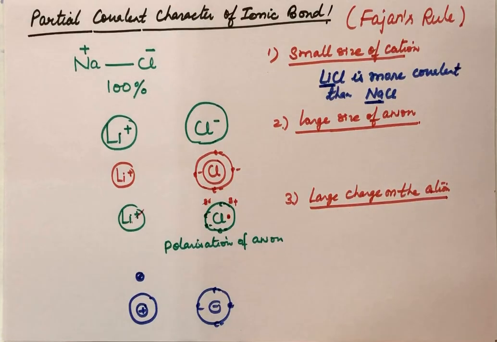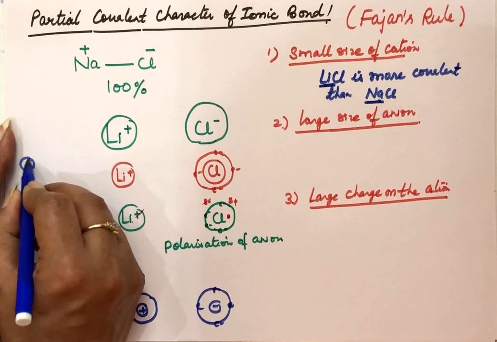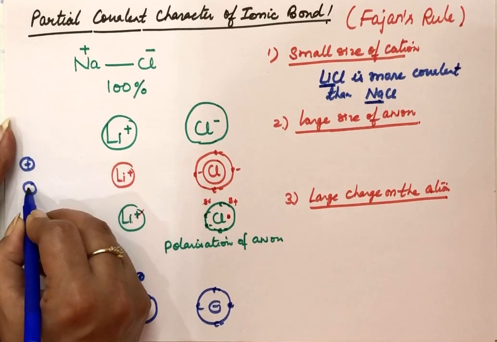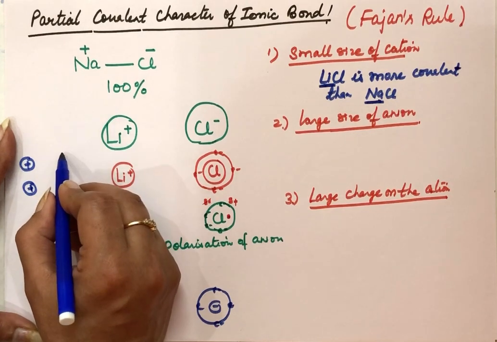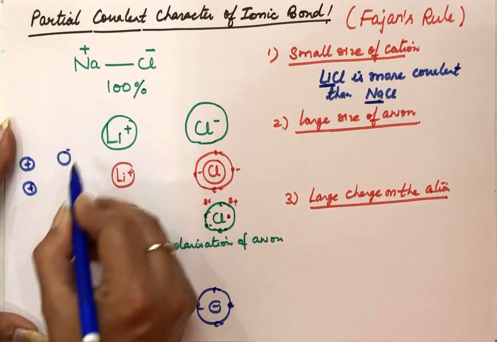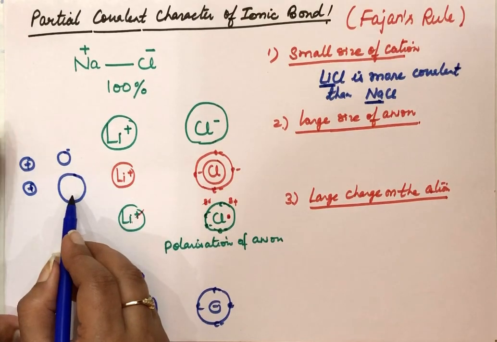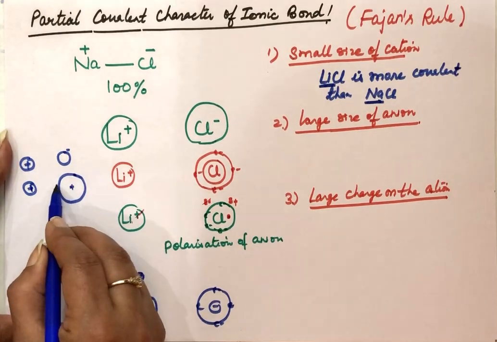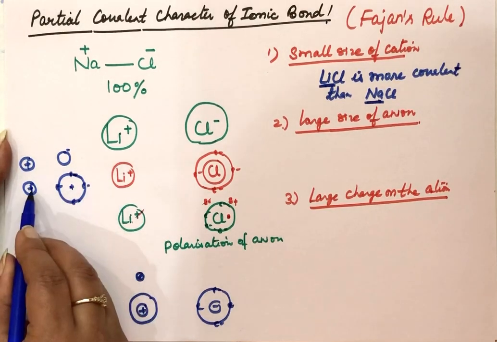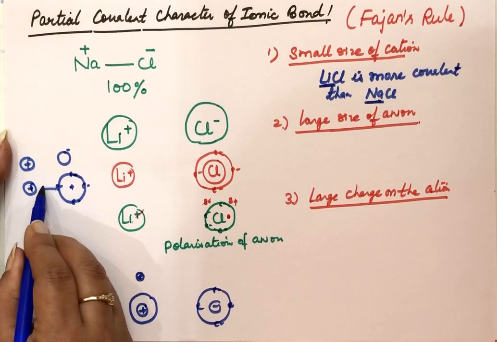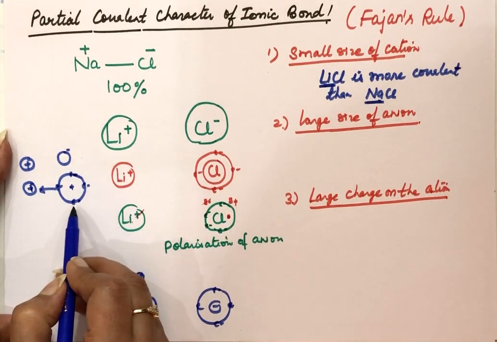Next is large size of anion. Now the cation we are taking is the same. Suppose this is the cation, same cation, same size. But now the anion we are taking here is small and here we are taking a big anion. Larger is the size of anion, its electrons will be away from its nucleus. So easily this cation can attract these electrons and more will be the polarizability of this anion.